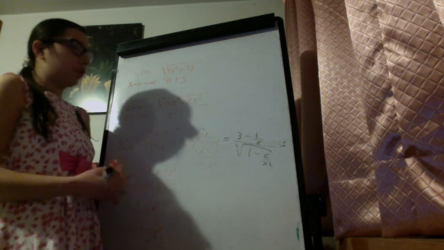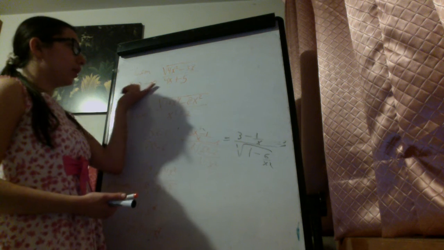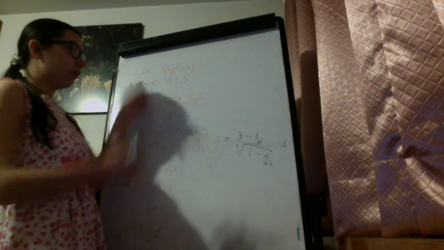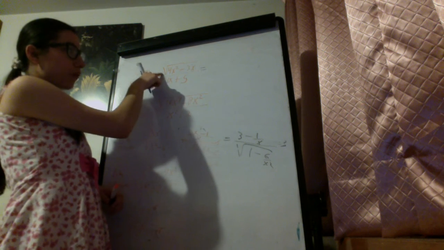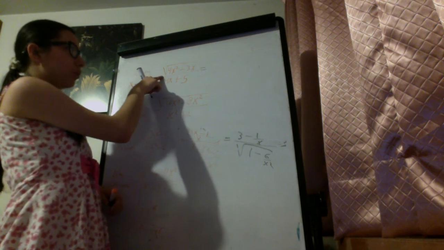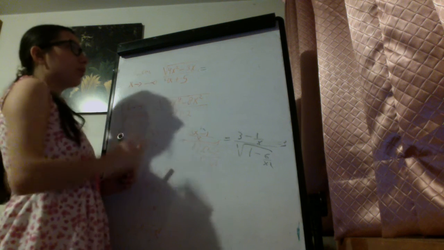We don't know which one, but we want the negative root because we are approaching negative infinity. So instead of just the root of x squared, we want the negative root, so we divide by negative square root of x squared.